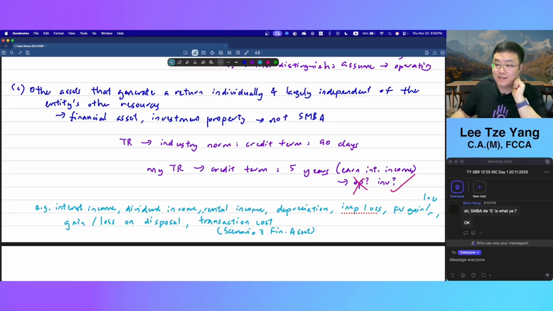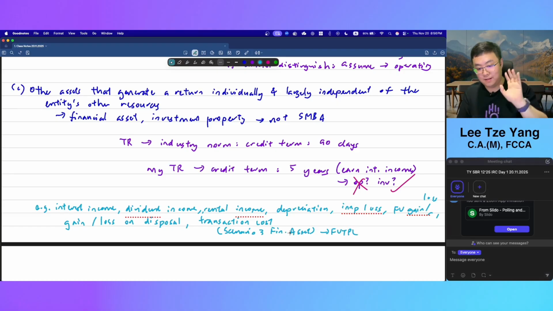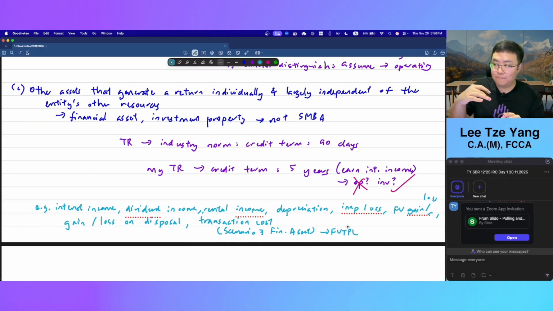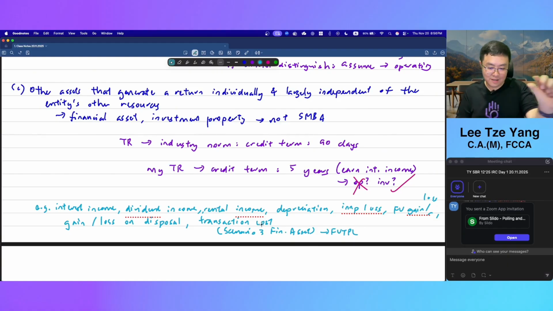If you study financial asset, there are 4 scenarios. The third scenario that I normally use is fair value through P&L, where the business model test and the cash flow test are not met. So you know that the transaction cost is expensed off, right? If the investment is investing, then it is investing. So transaction cost is actually under here. I think that's good enough for you to know what things are under this one.